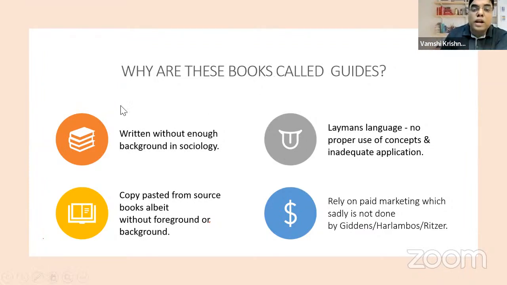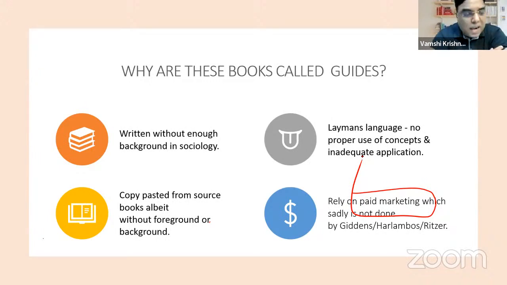And more importantly, these books get popular because they are marketed. Paid marketing. Some topper gets in, they are paid an offer and they'll tell that I have referred this book. So the next people who are writing this exam get influenced.